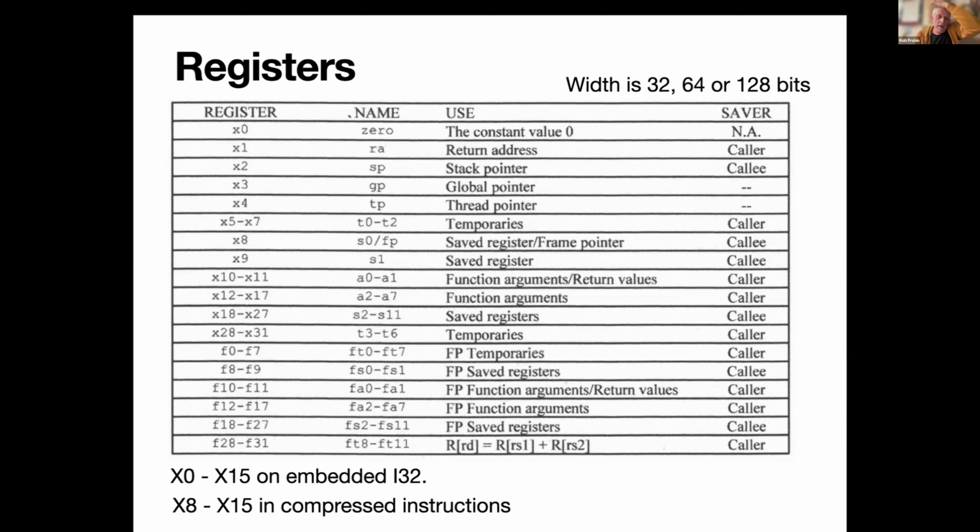And then the other thing to note is the compressed instructions, I'll show you a snippet of that later on. You can address any of the integer registers on the standard instructions, but on the compressed instructions, you can only address X8 to X15. So when you set up your core VM for your Forth, you obviously want to figure out that there's going to be a bunch of things you might be doing, like the return stack or the data stack, that you want to have very, very efficient.